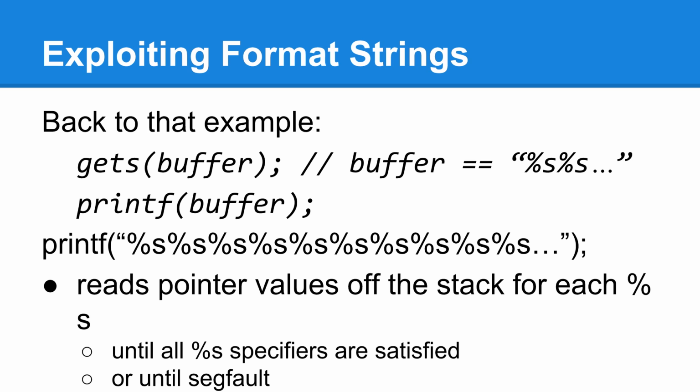The first one it sees is going to read values off the stack as a pointer and dereference each pointer to start printing a string into this buffer. Then the resulting buffer, when it's all done, perhaps gets printed to standard out or whatever it's been mapped to. This will keep going until all the %s specifiers are satisfied, or until it segfaults. For instance, if a value on the stack that this reaches is all zeros, it's going to dereference a null pointer, which usually will cause a segfault, as we have discussed.